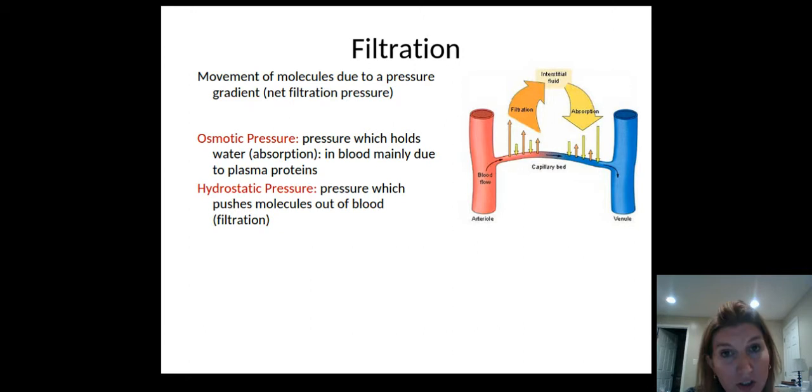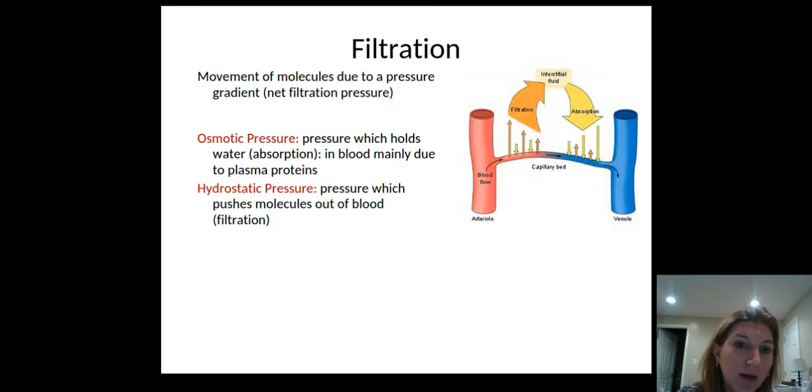Filtration is using a pressure gradient, which is different than an osmotic gradient, but you can think of it as the same concept. It's high to low, but instead of lots and lots of molecules in one space, it's more about pressure, which is kind of related to mass and volume in a way. So that's going to form this thing called net filtration pressure.